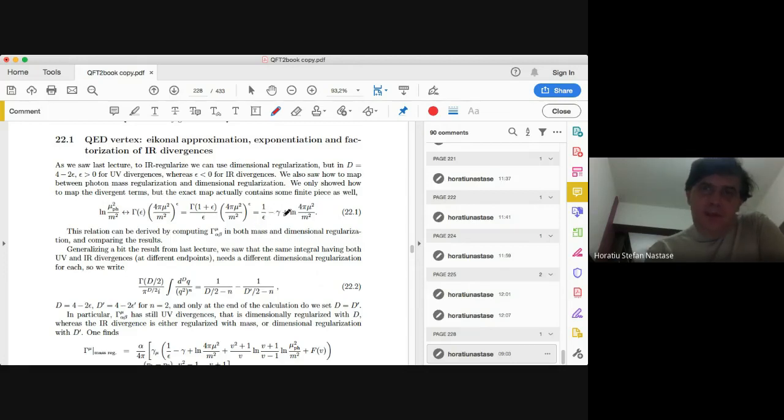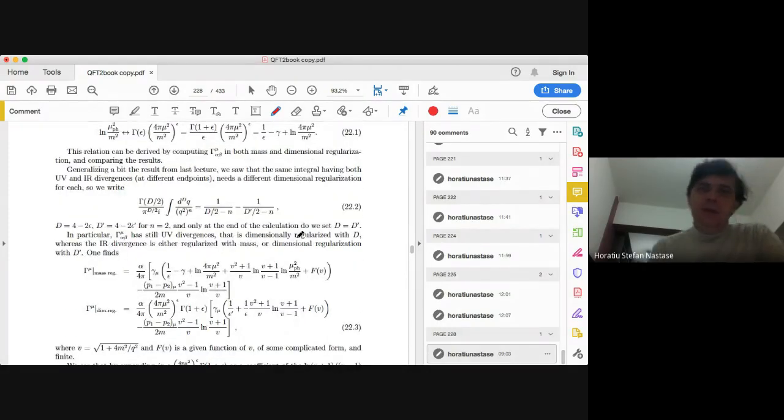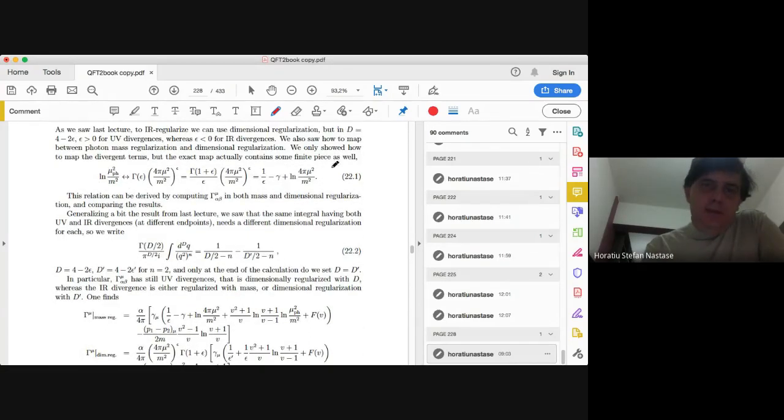But as you see, in the map we can also include this finite piece, minus gamma plus log 4 pi. So this map can be just obtained from the two calculations that we did before.